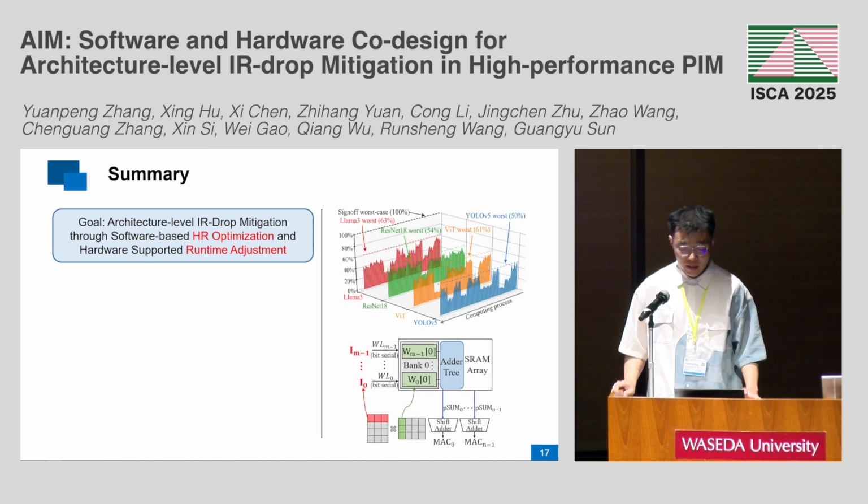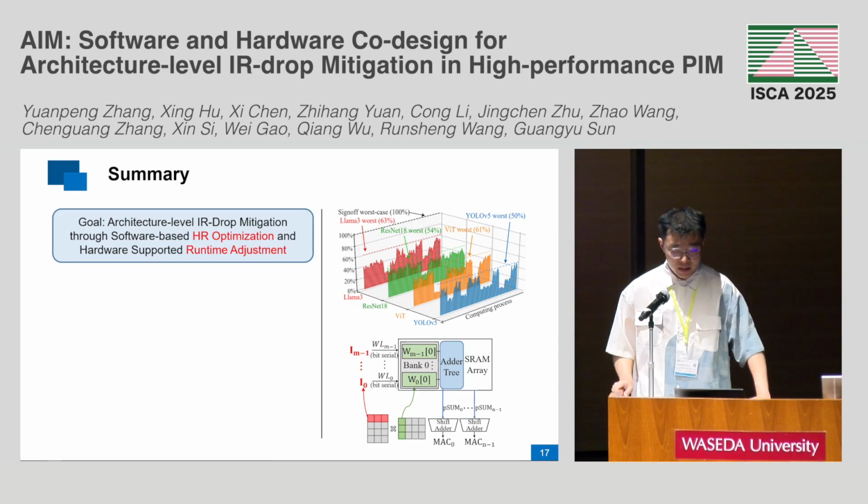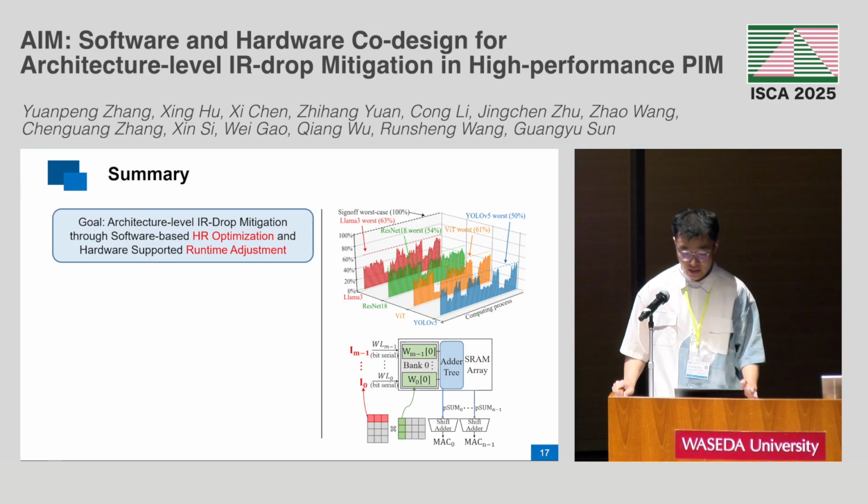To summarize, in this work, our goal is architecture-level IR drop mitigation through software-based Hamming rate optimization and hardware-supported runtime adjustment, avoiding the passive nature of circuit-level IR drop mitigation techniques.